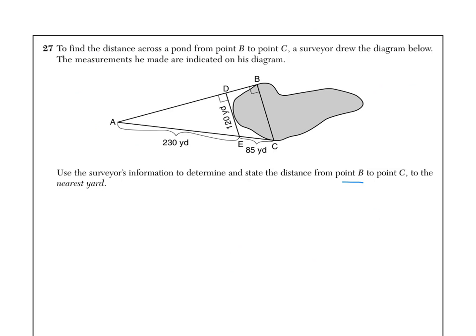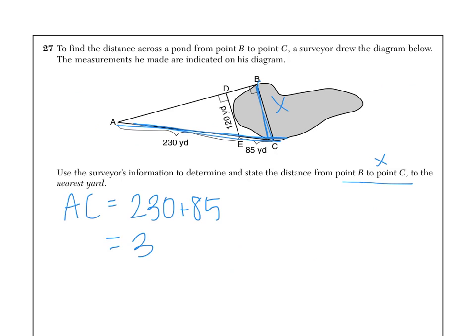So we're looking from point B to C, let's call this X. So we're looking for this side of my triangle ABC, which means that I should use this big side of my triangle ABC. So I need the length of AC, which means I have to sum 230 and 85 to get 315. So this whole length is 315.